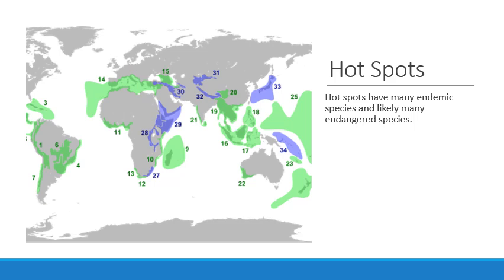A hotspot is an area that has many endemic species. An endemic species only lives in that particular area, as well as many endangered species, species on the verge of extinction. Here you can see a map of the world indicating a lot of global hotspots.